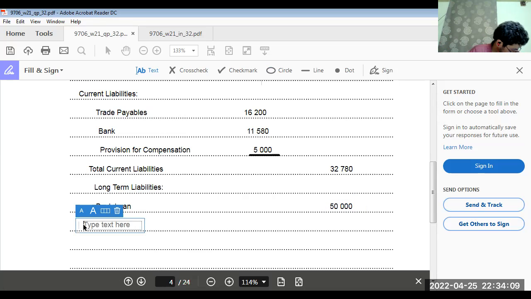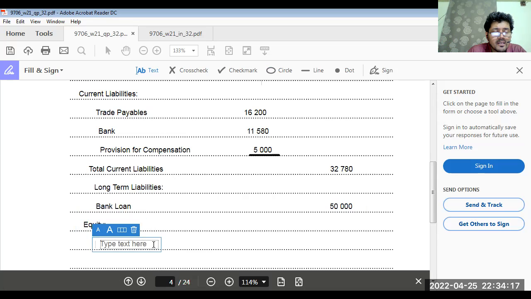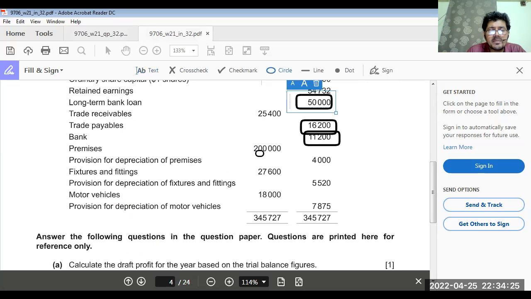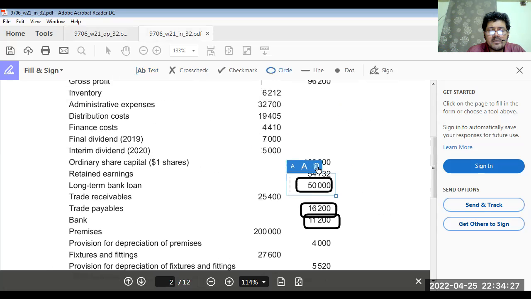Now the third heading, that is equity. The last heading. First, yes, share capital. Now go to insert and see share capital. Allow me to delete these. Now, share capital is not 100,000 only.